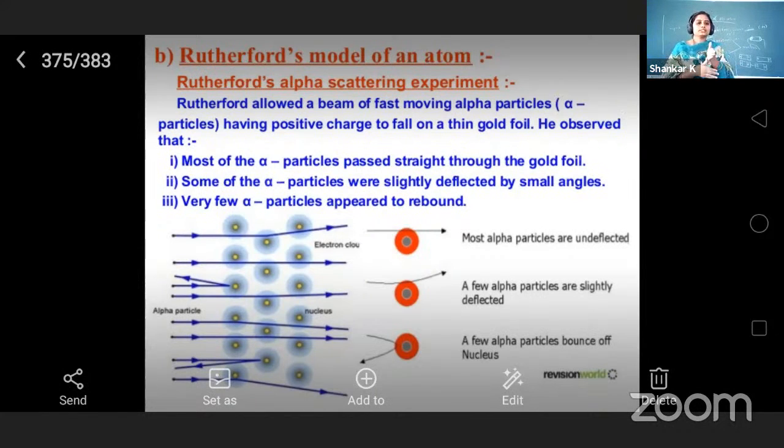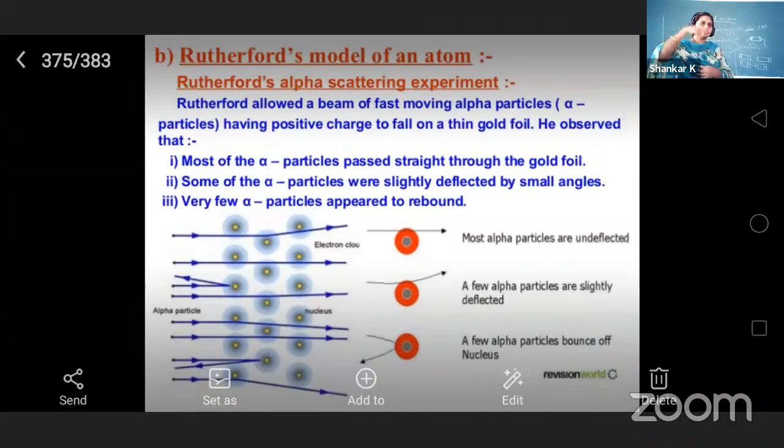Some of them are slightly deflected, slanting like triangle lines. And very few particles appear to rebound.